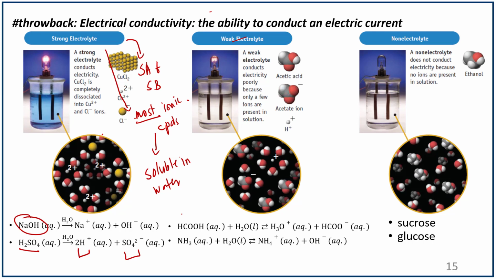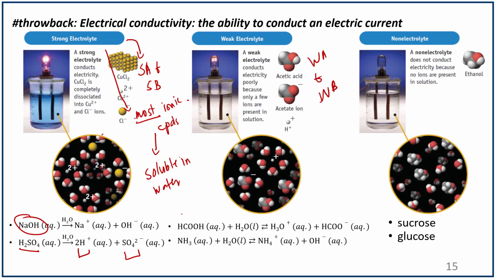Now on the other hand, weak electrolytes are basically everything in between strong electrolytes and non-electrolytes. Examples of weak electrolytes are weak acids and weak bases.